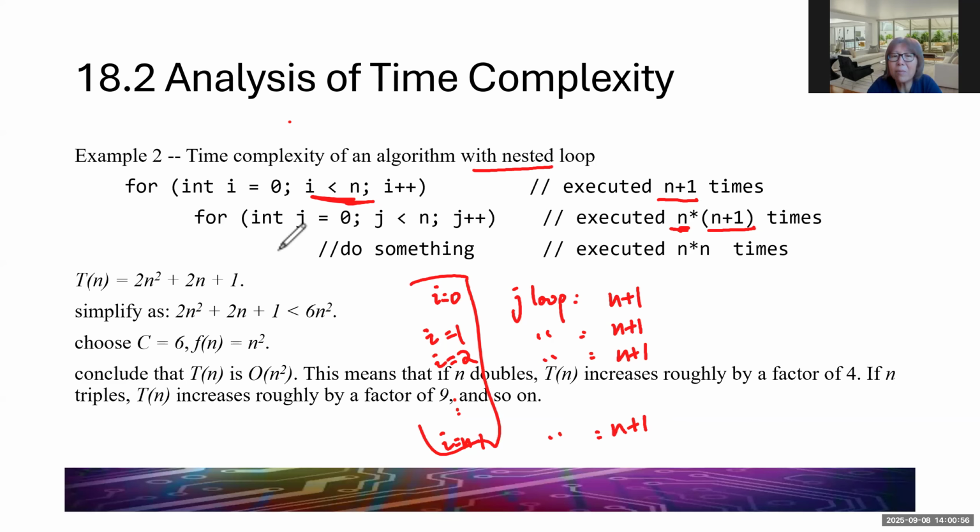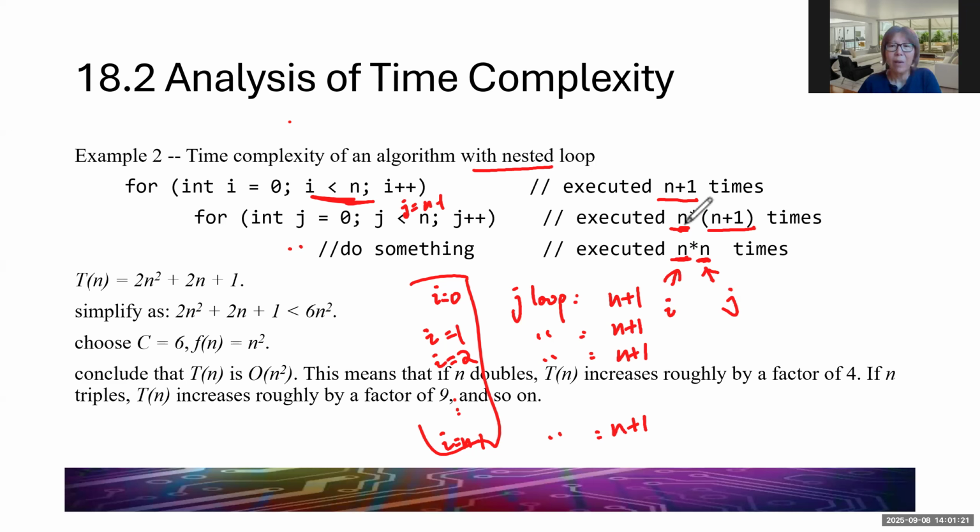And then suppose we are going to do something here. How many times? We know the outer loop is n times and the inner loop is not going to include n, so j runs all the way to n minus 1. That's why it's n times n, because this is from j and this is from i.